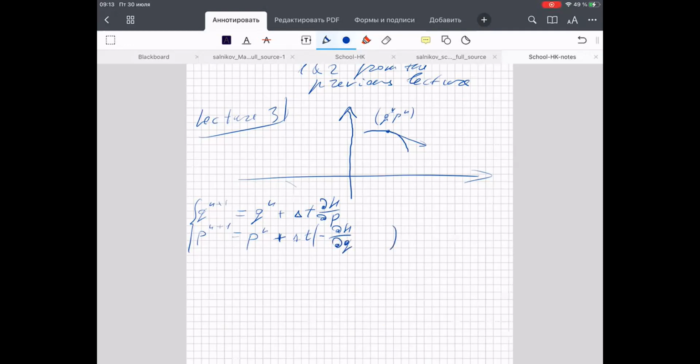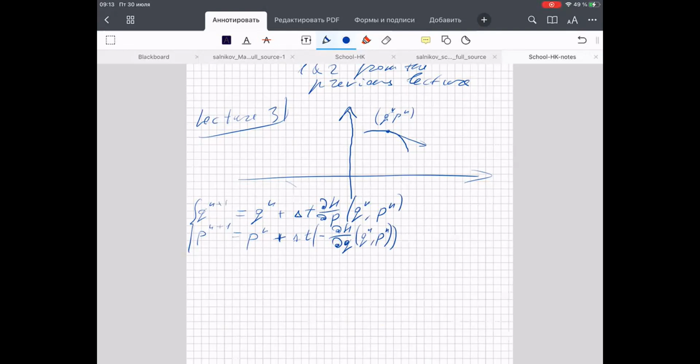But I need to tell you at which point I'm computing this, right? Because this is a function. And we agreed that we had no choice but to compute it at the point that we already know, right?